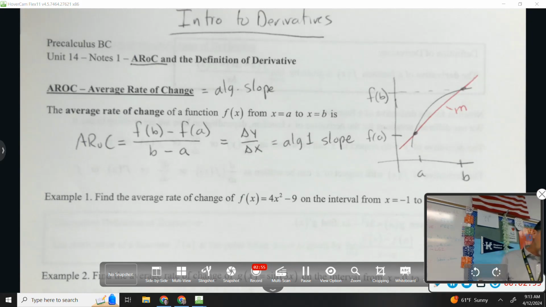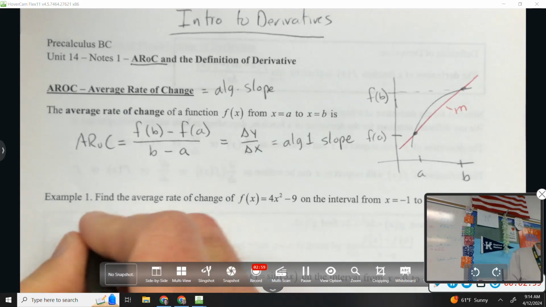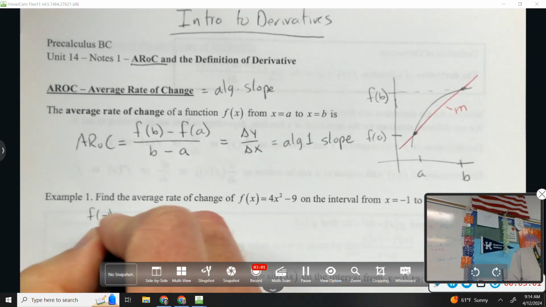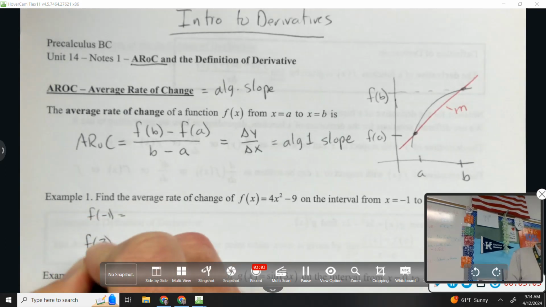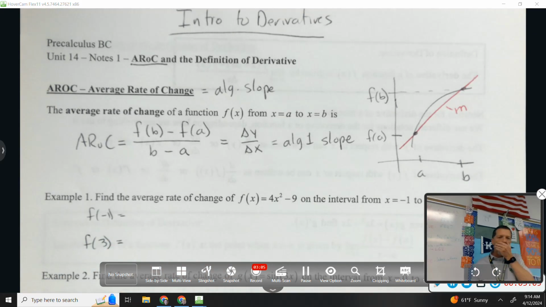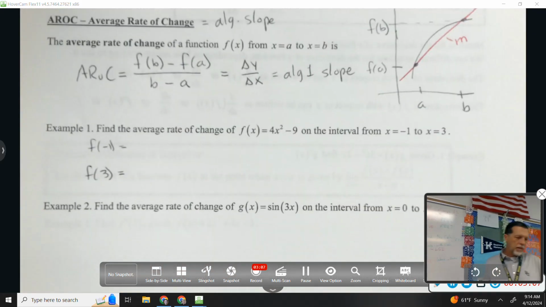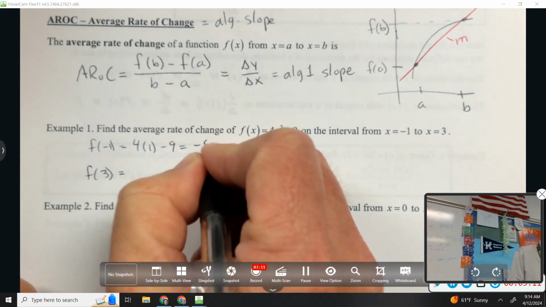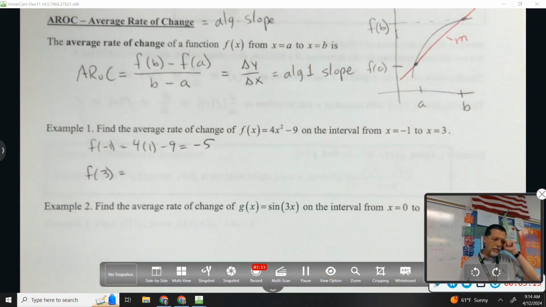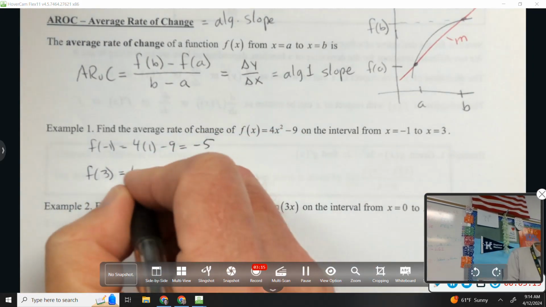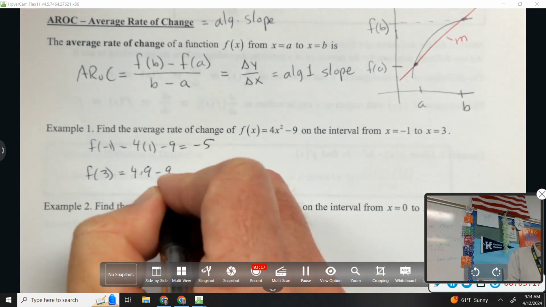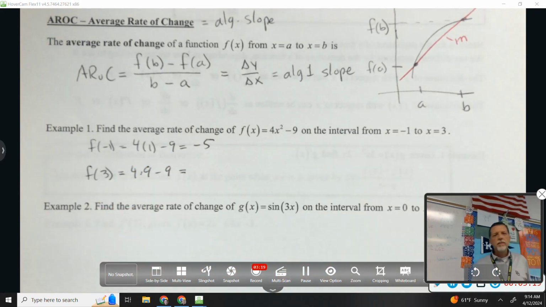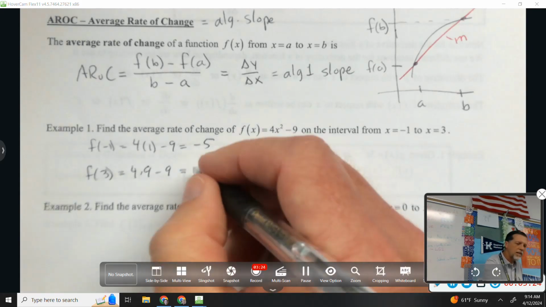So example 1, find the average rate of change of that function from -1 to 3. So let's find f of -1 and f of 3. So f of -1 would be -5. F of 3, let's see, so that would be 3 squared is 9, 36 minus 9 is 27.